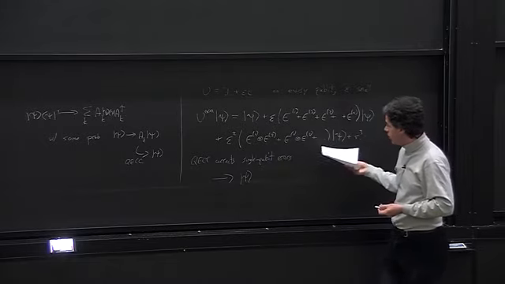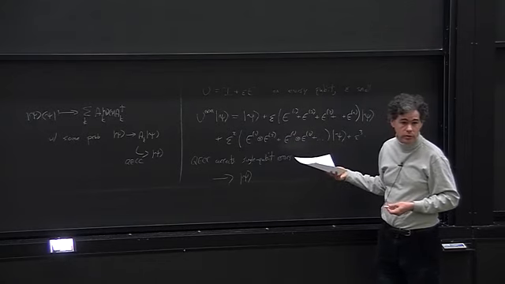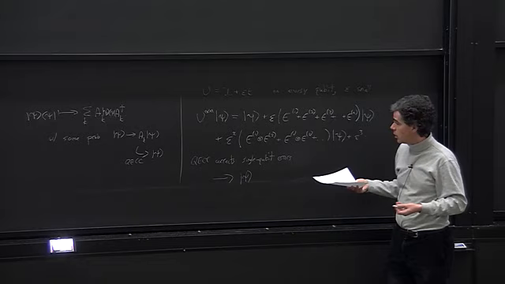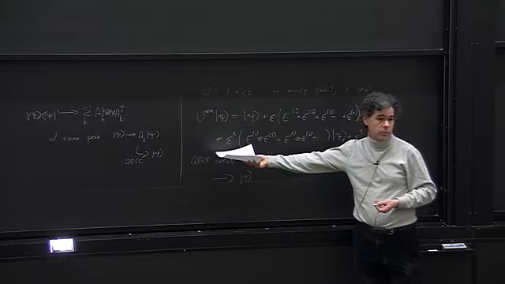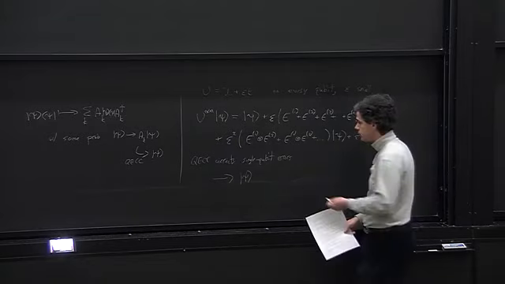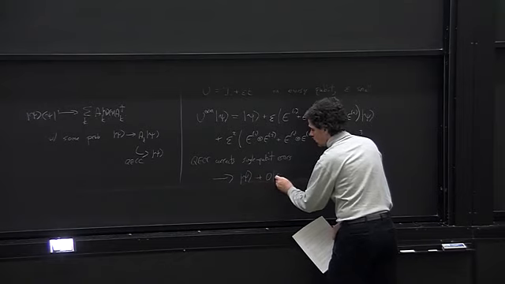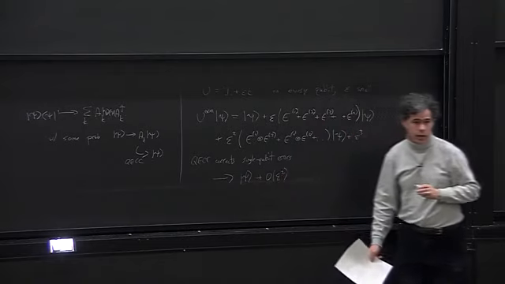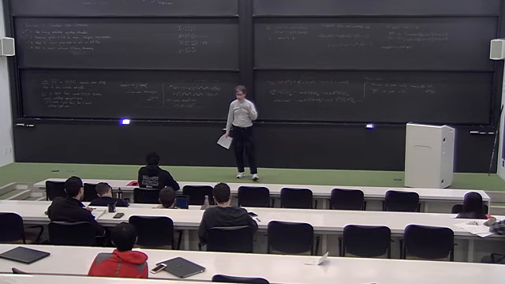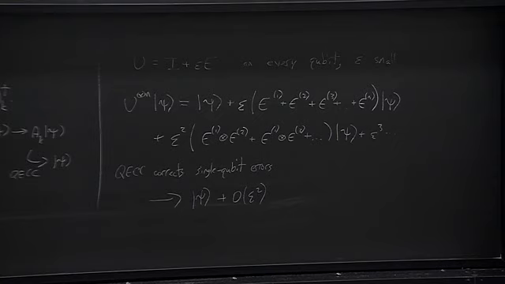Now this thing here, that has 2 qubit errors. And this code may not correct that. But this thing is just order epsilon squared. And so the state after error correction will be within O of epsilon squared of the correct state.